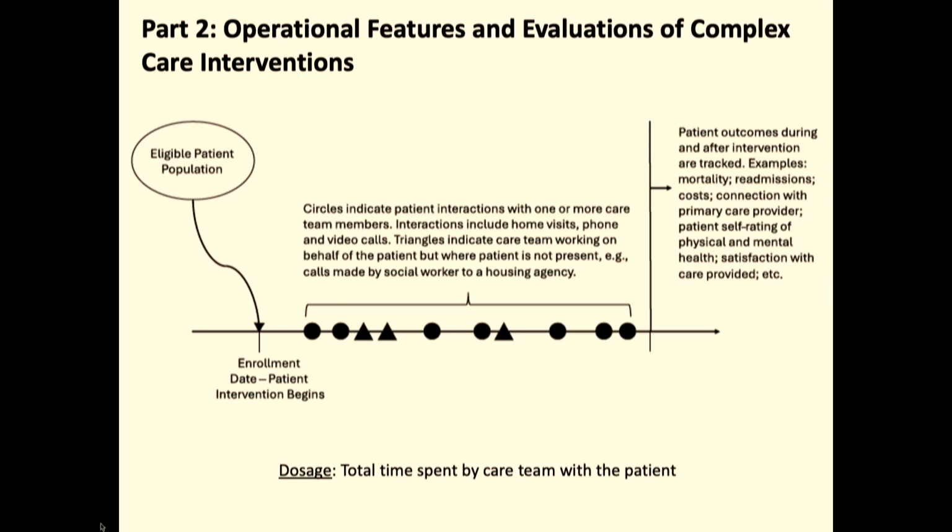These touch points could be home visits, the care team visiting the patient's home, or making a phone call on behalf of that patient. So all of those options are possible. The patient need not be present. It can just be a social worker making a call to a housing agency, for example.